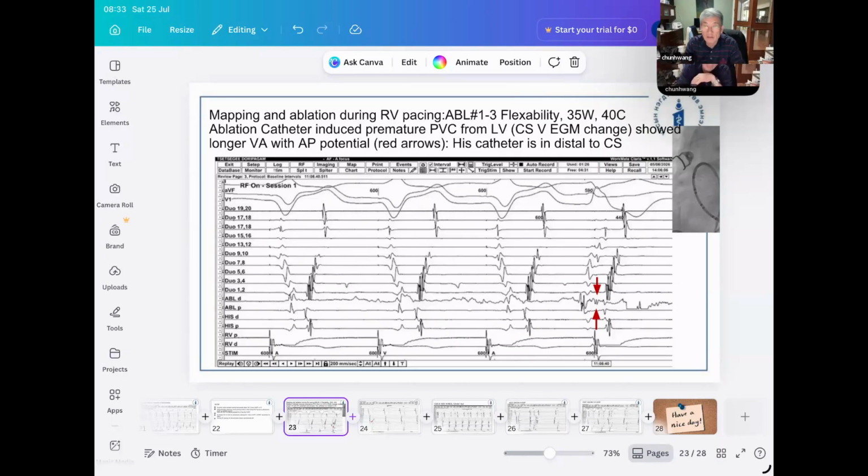So I think it is not common to see a left-sided decremental accessory pathway. And characteristics of a decremental pathway: number one, the tachycardia rate is slow, like this patient, 150, 140s. Normal left-sided pathway should be 180, 190, 200. So you get something wrong. Second, they typically present with incessant symptoms because your excitable gap is very long.